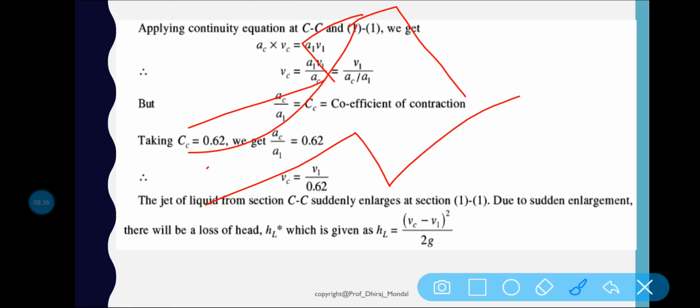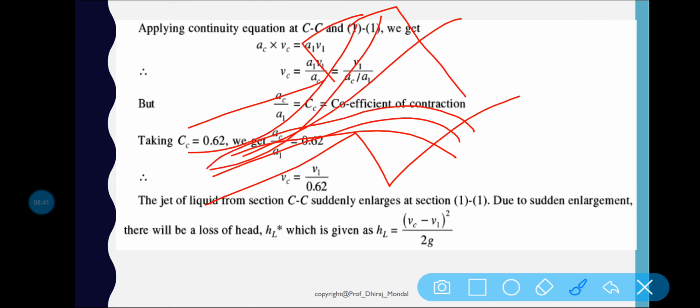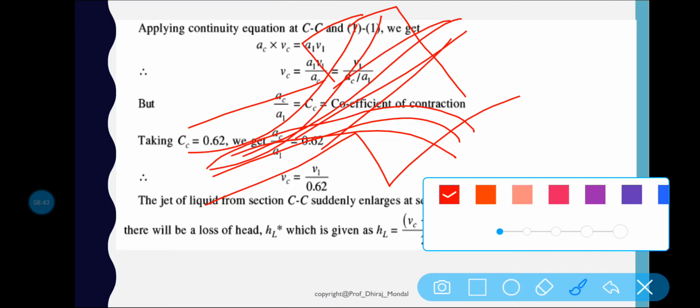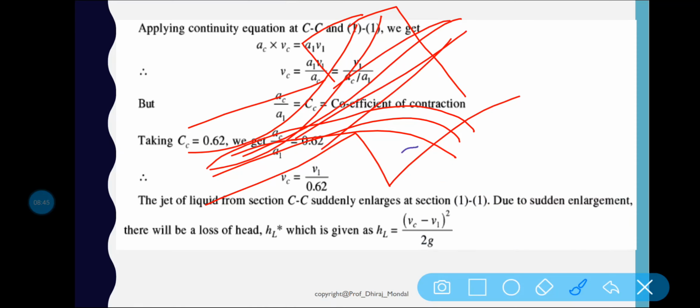What will happen? You will see the water flowing like this. In this position some void will be created, and because of this enlargement some minor head loss will be experienced.